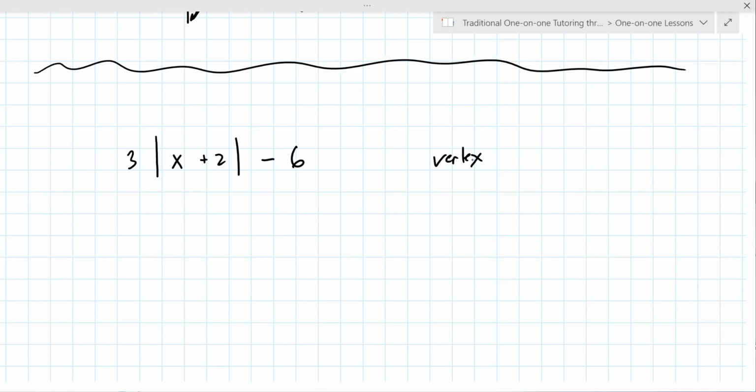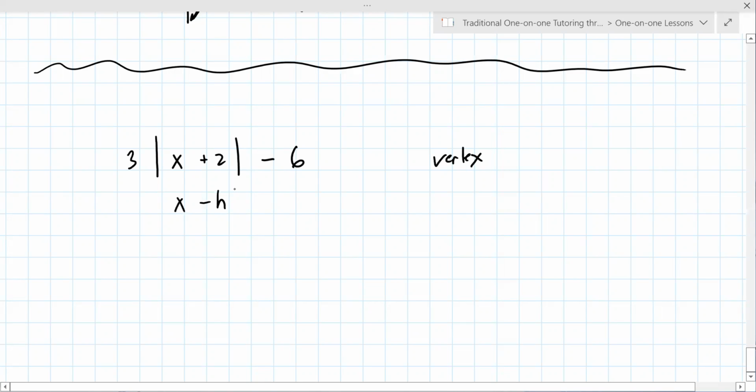What's the h, k? It's -2, -6. So it's x minus h inside here, so it's the opposite of the sign here. So it's -2, and -6.